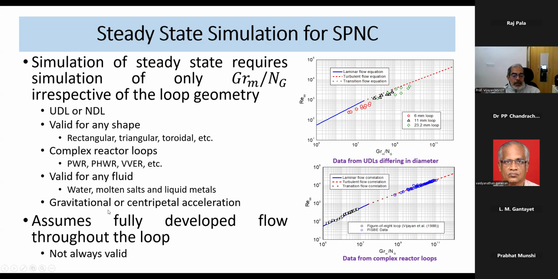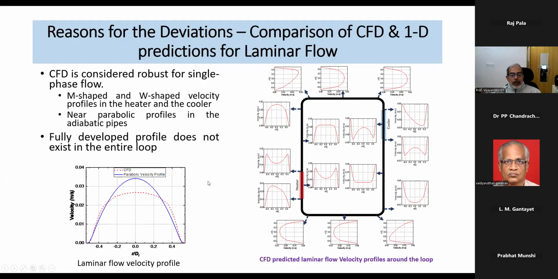Even in such cases, natural circulation can be obtained in gravitational acceleration or even with centripetal acceleration, that is, rotating thermosiphons, as they are called. And as I said, the correlation which we develop always assumes fully developed flow.